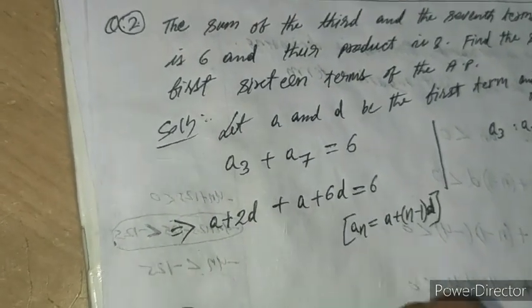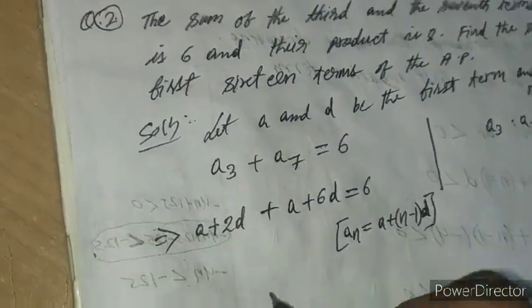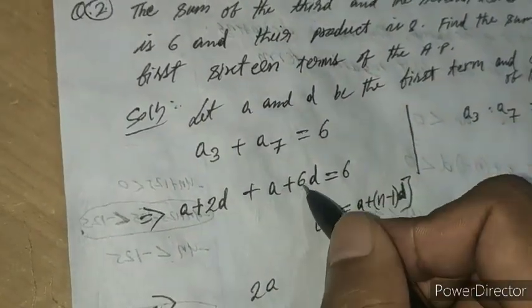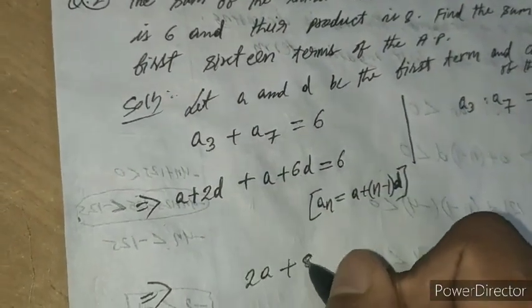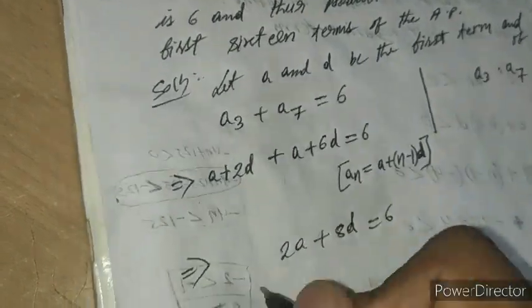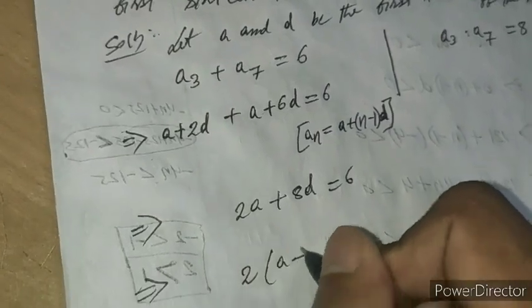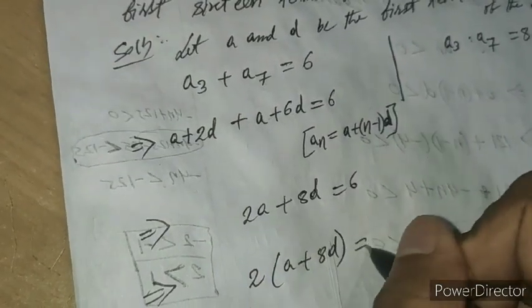So a plus a is 2a, and 6d plus 2d is 8d, equal to 6. Now take common 2 from here. What do we get? 2 into a plus 4d is equal to 6.